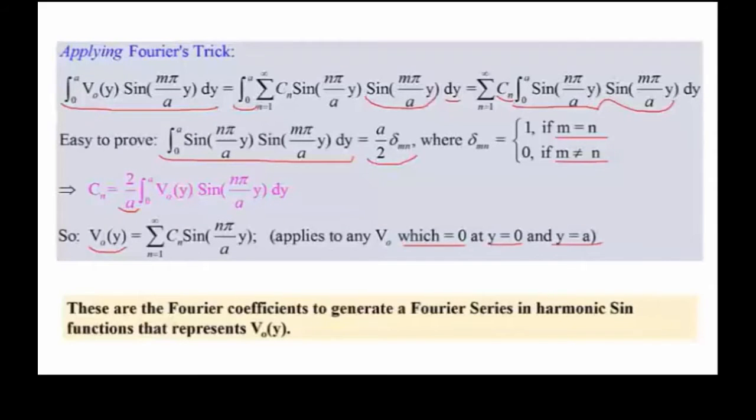So to repeat, the c sub n's are the Fourier coefficients. They generate a Fourier series in harmonic sine functions that represents this v0 of y. The harmonic idea is that you have n equals 1, 2, 3, 4, 5, and those are called harmonics because this is like a frequency.